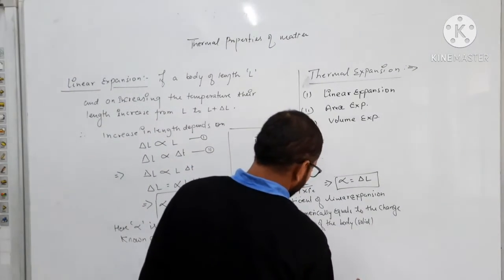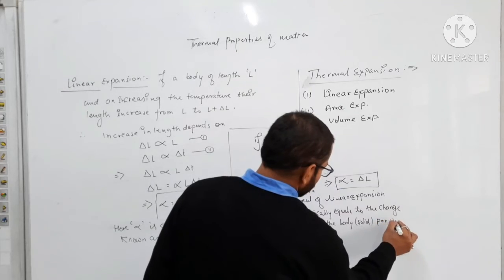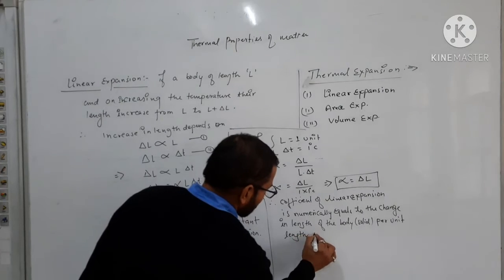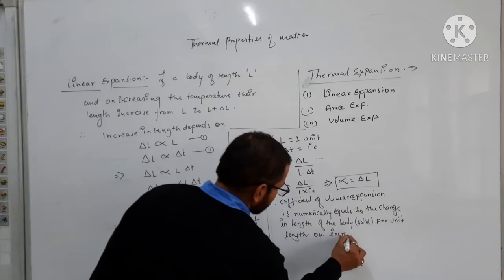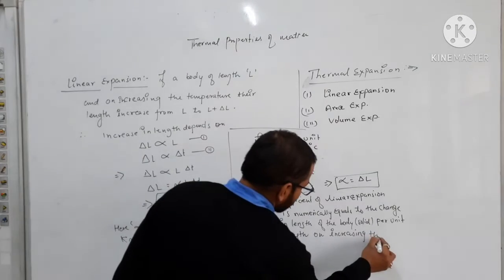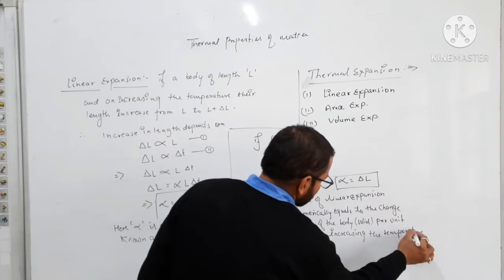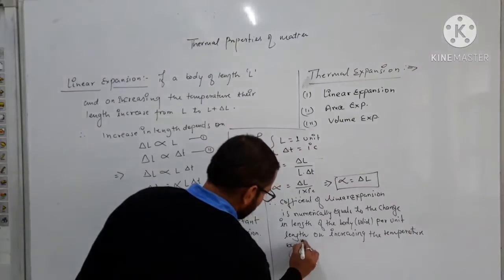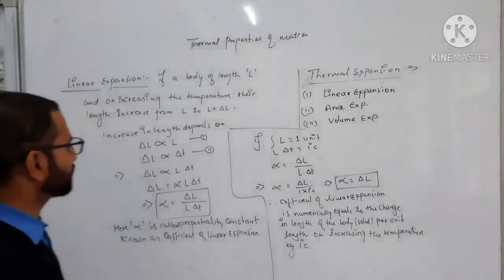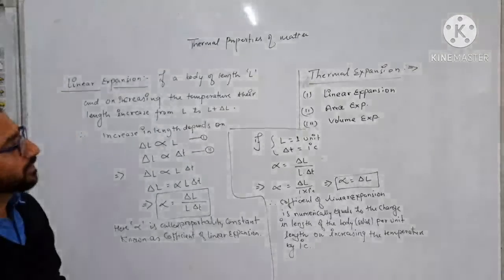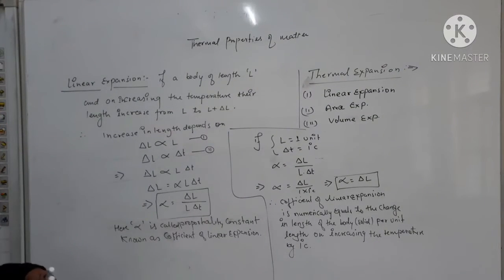Numerically, the change of length of a body per unit length on increasing the temperature by 1 degree Celsius. So this is the definition of linear expansion. After that we will write about area expansion and volume expansion. So for that, pause the video and note down.